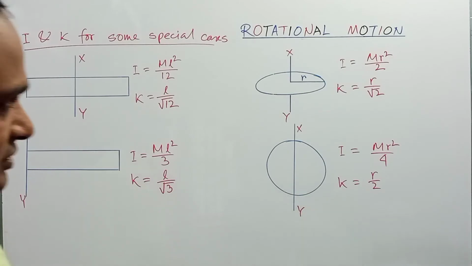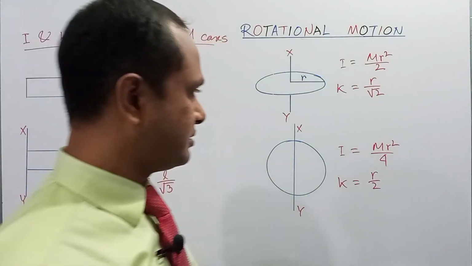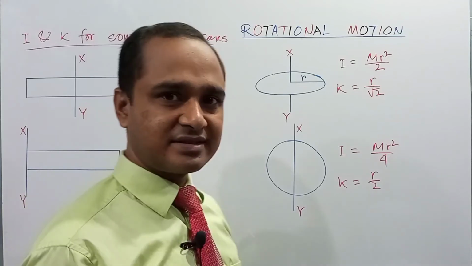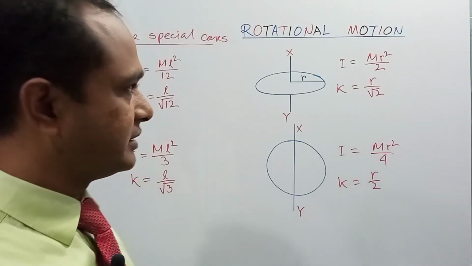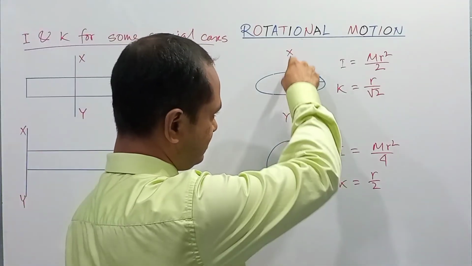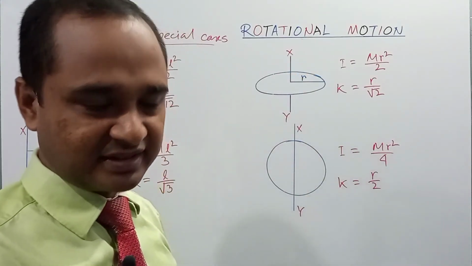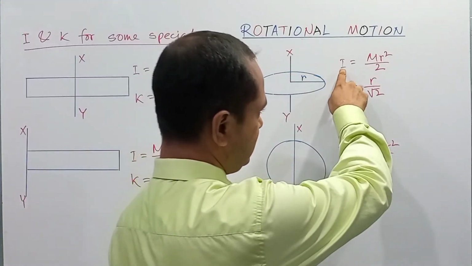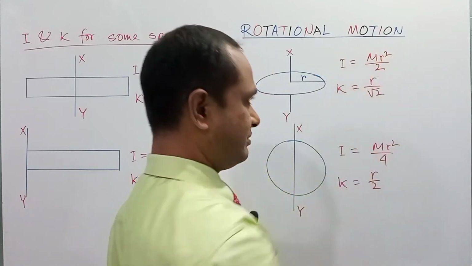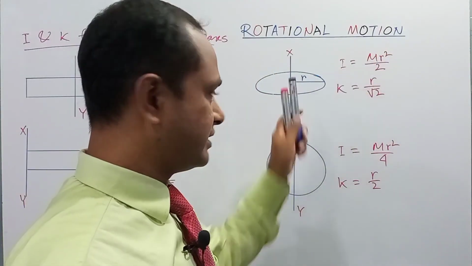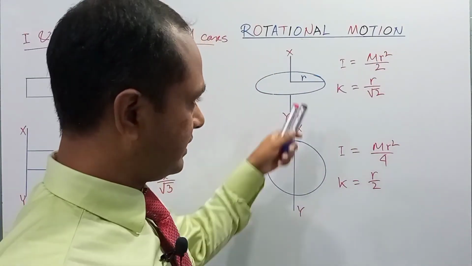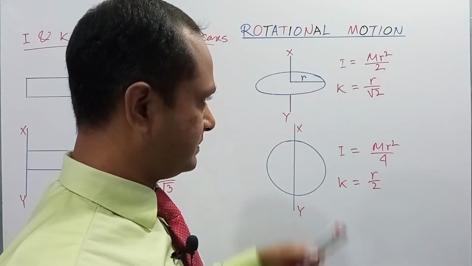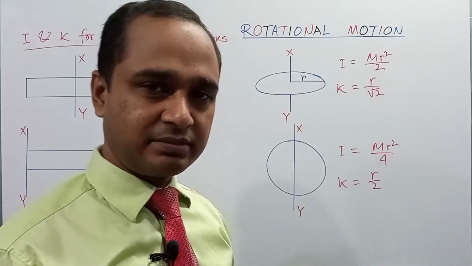Right. Now the moment of inertia in case of a thin circular disc, when the axis of rotation passes through the center and perpendicular to the disc, will be I is equal to m r square divided by 2. Here r is the radius of the disc, and the radius of gyration will be k is equal to r divided by root 2.